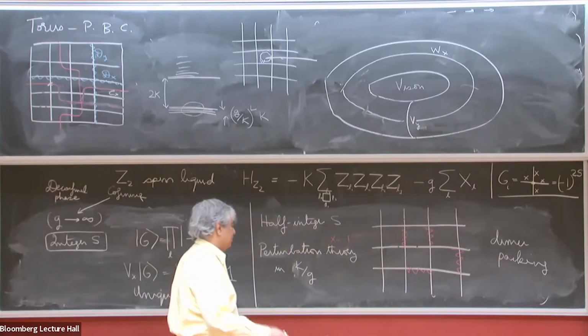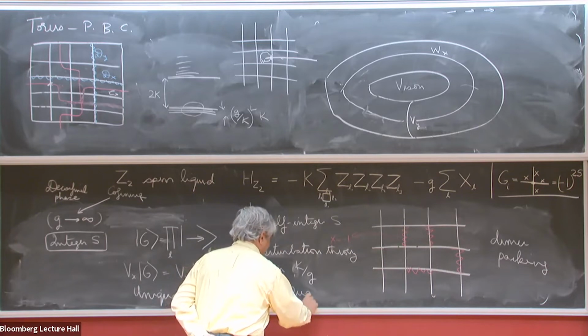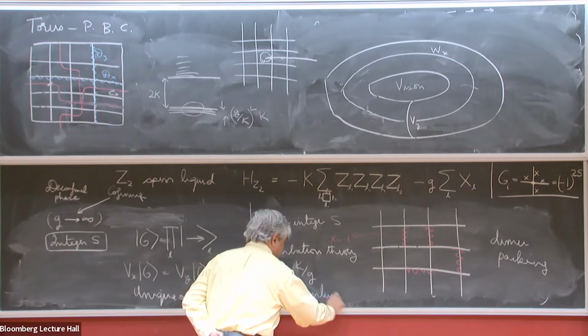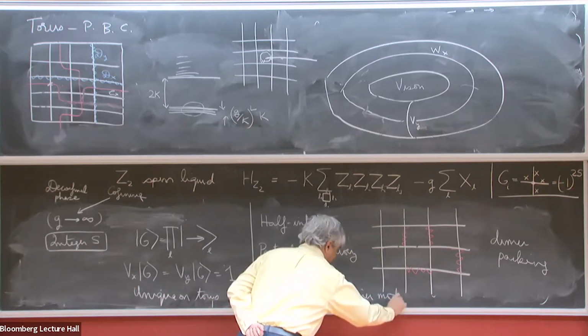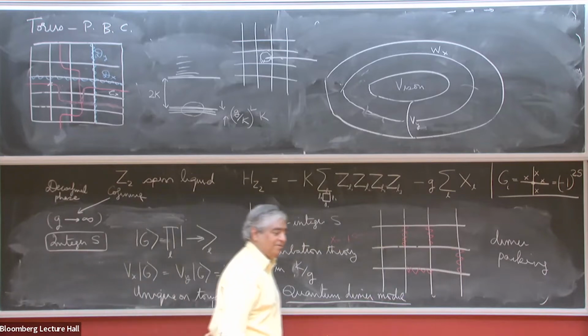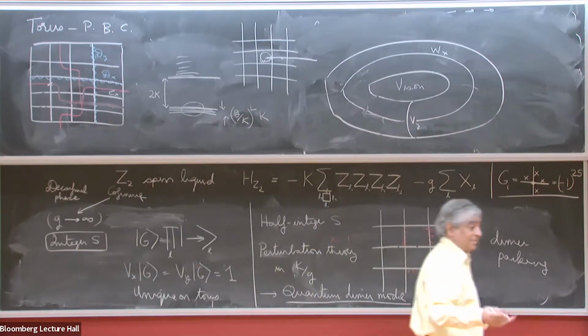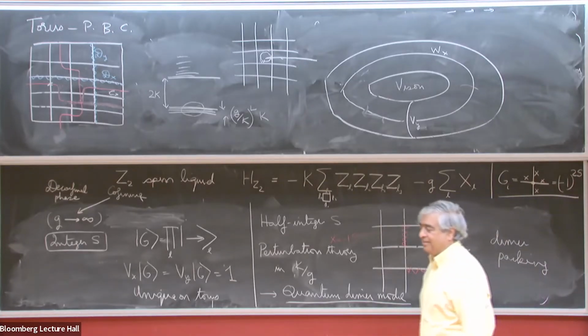And that gives you some effective Hamiltonian. And that Hamiltonian is in fact precisely the quantum dimer model. So you have to solve a non-trivial model, which is the quantum dimer model, and find its ground state. And that's not an easy problem, although a lot is understood today.